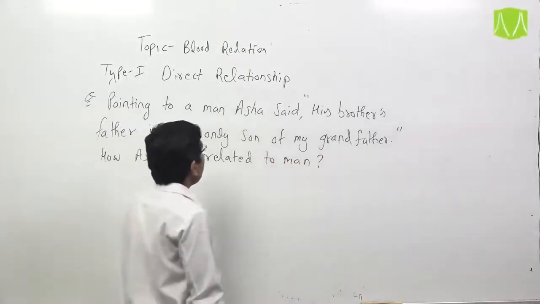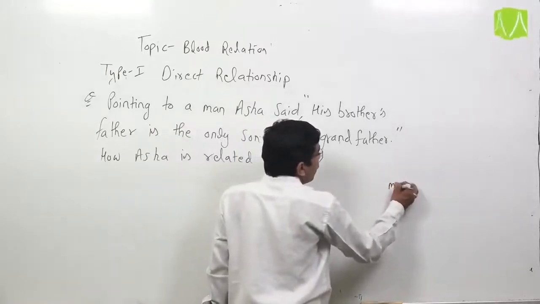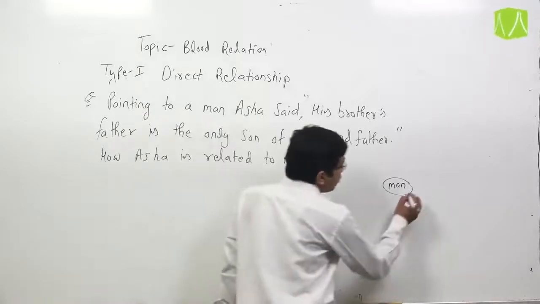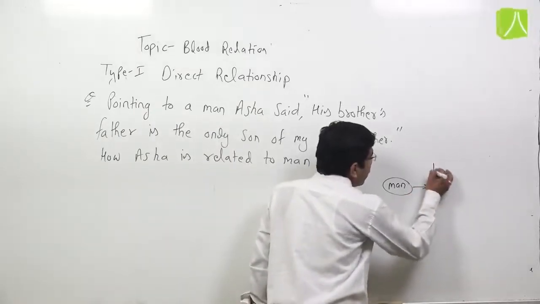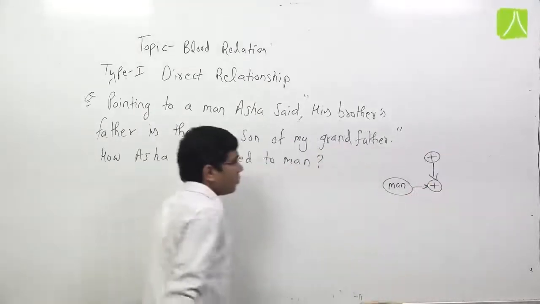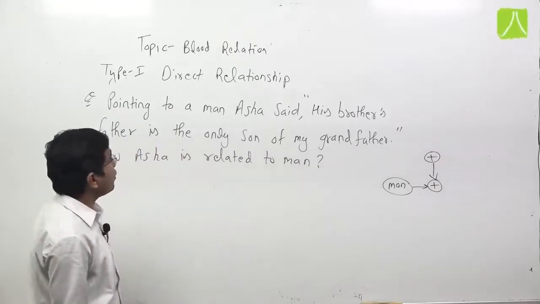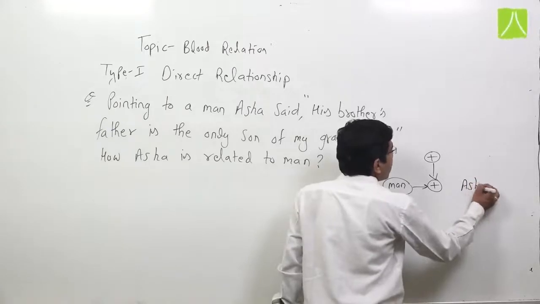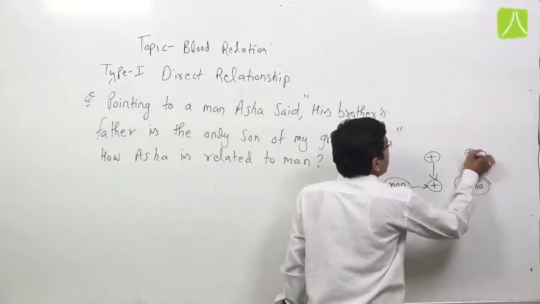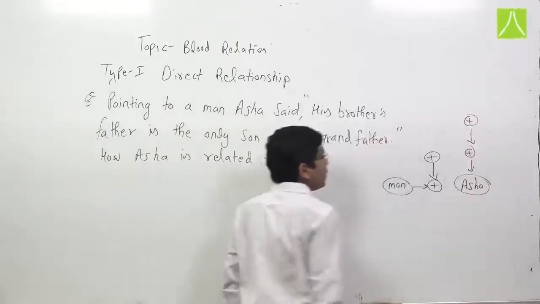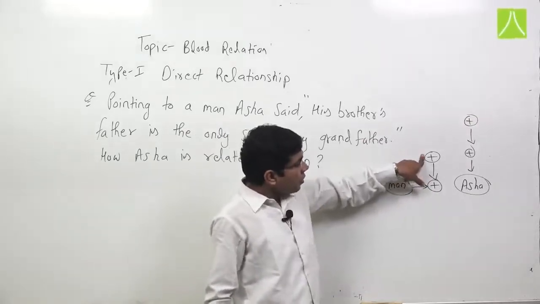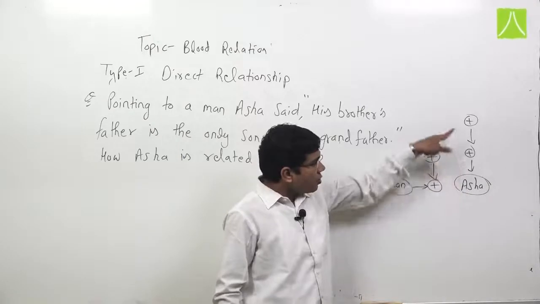According to the question, pointing to a man, Asha said, his brother's father, the father of his brother. His brother's father is the only son of my grandfather. Asha's grandfather's only son means his brother's father is the only son of Asha's grandfather.